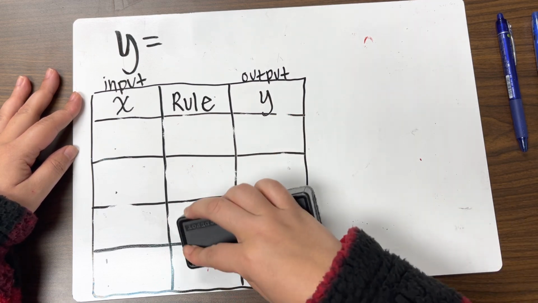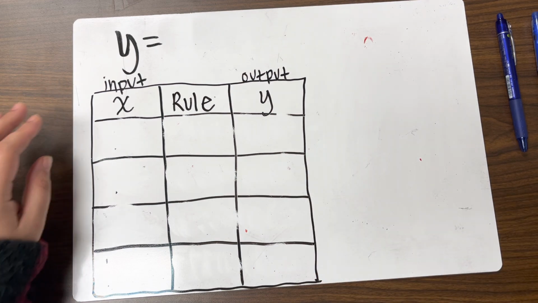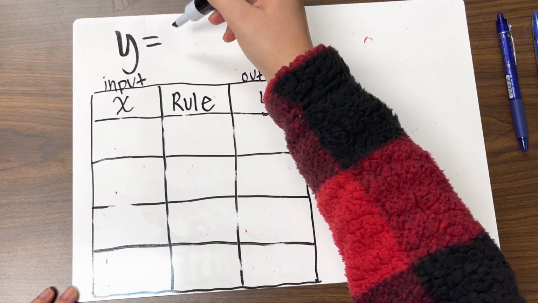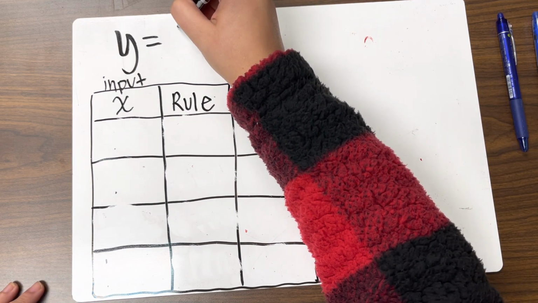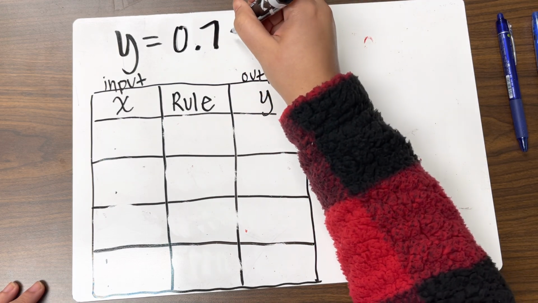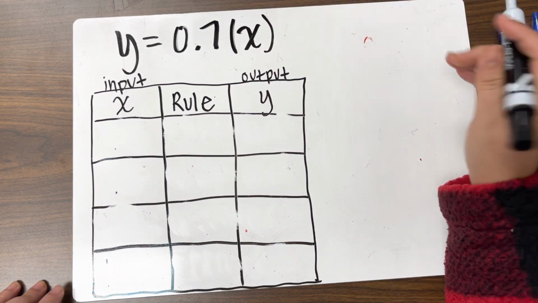All right, so this time my equation is going to say 0 and 7/10 times x.